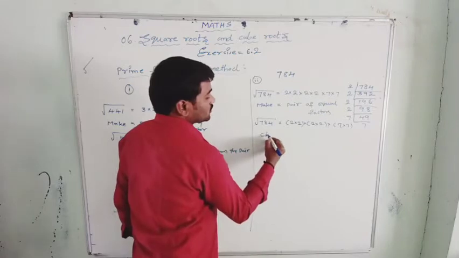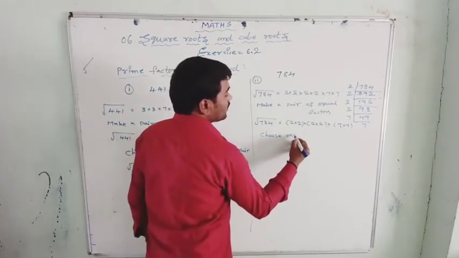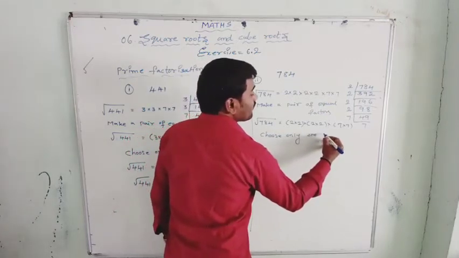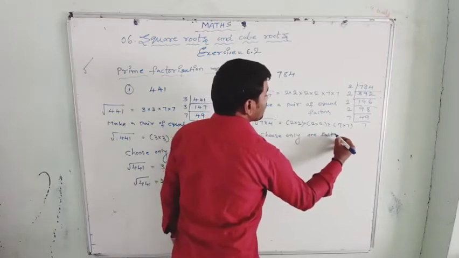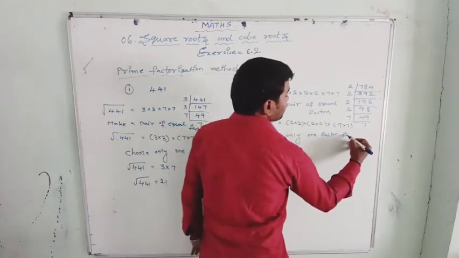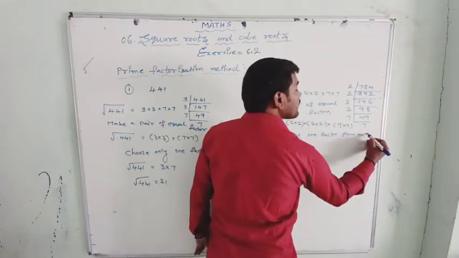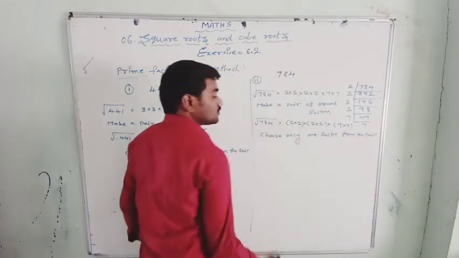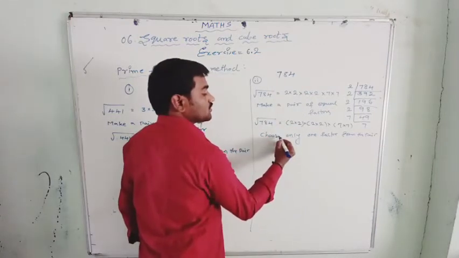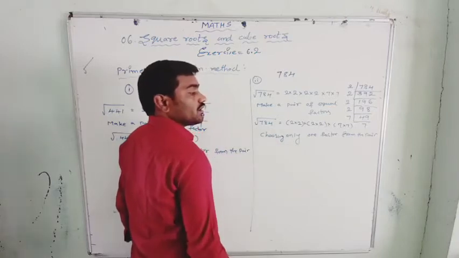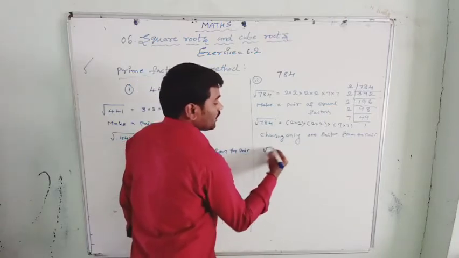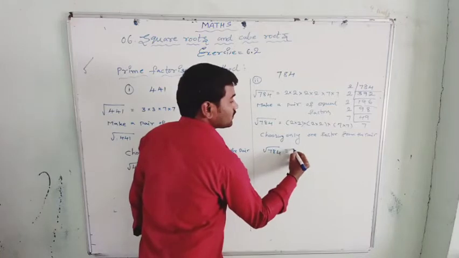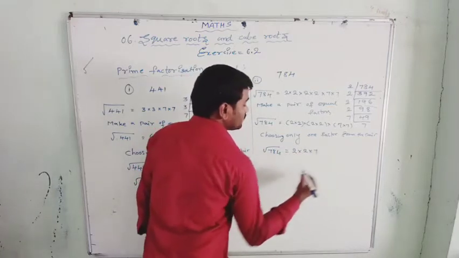So choose only one factor from the pair. Choosing only one, square root of 784 is equal to 2 into 2 into 7.